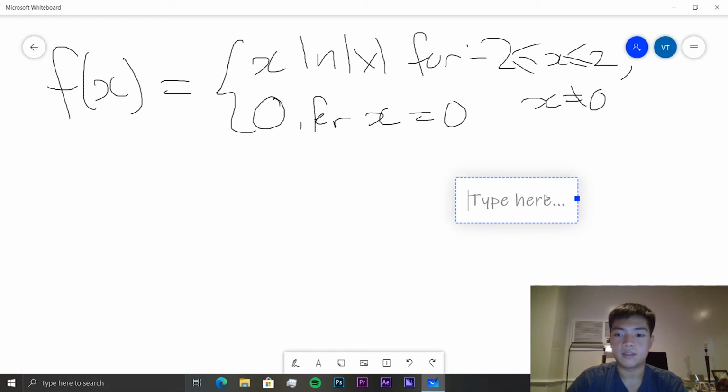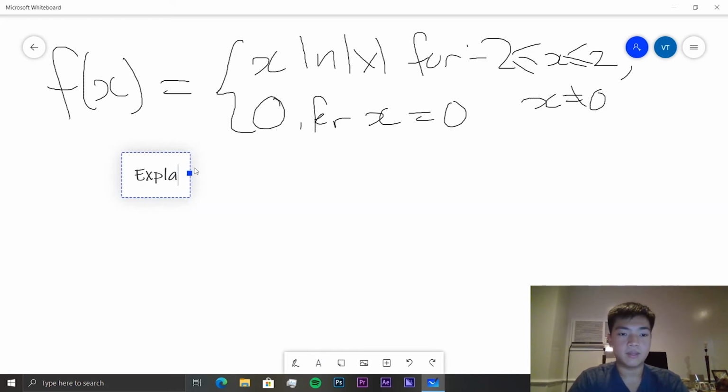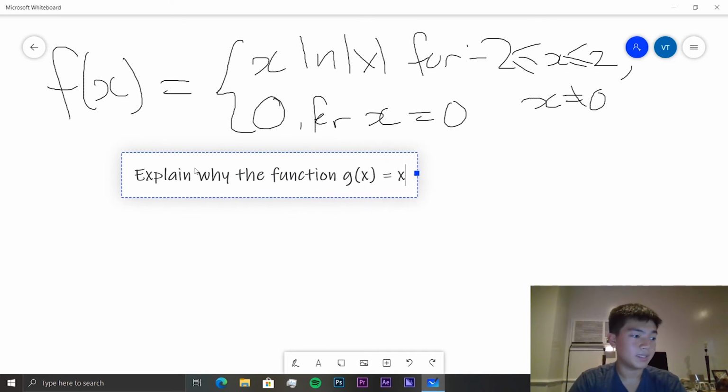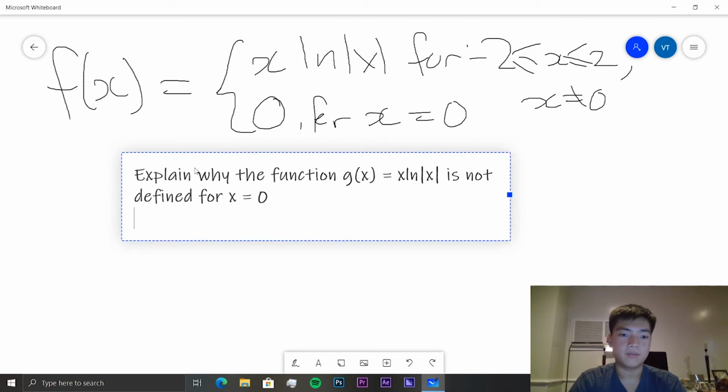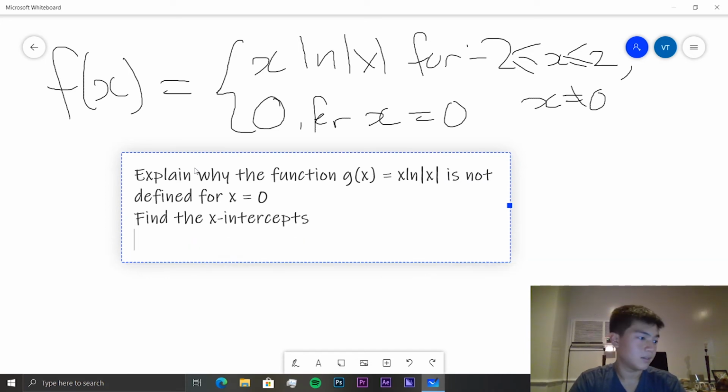First, explain why the function g of x equal to x ln absolute value of x is not defined for x is equal to 0. Find the x intercepts.